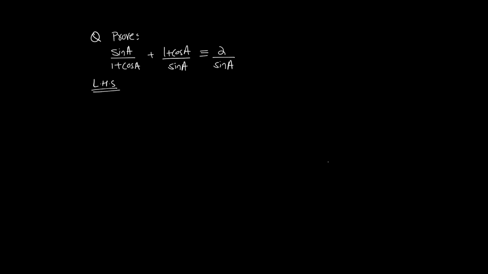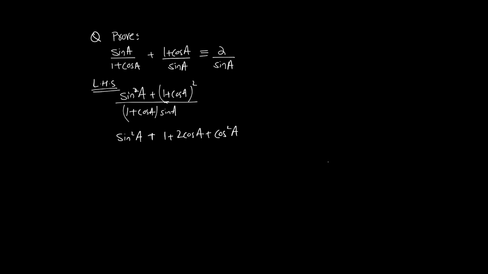Now you can take the LCM, which is (1 plus cos a) times sine a, and the numerator would be sine square a plus (1 plus cos a) the whole thing squared. So (1 plus cos a) squared can be expanded as 1 plus 2 cos a plus cos square a, over (1 plus cos a) times sine a.